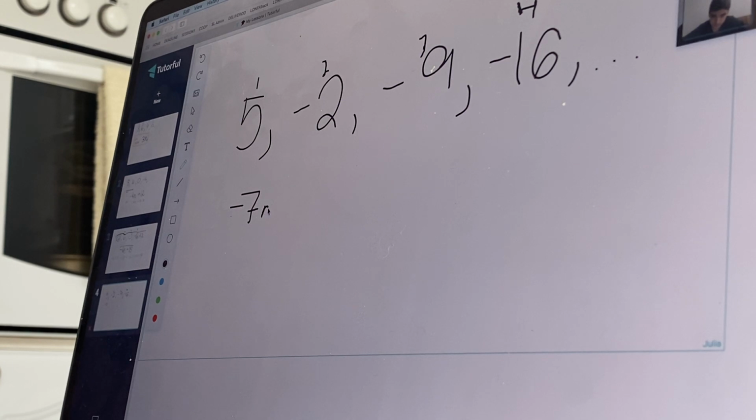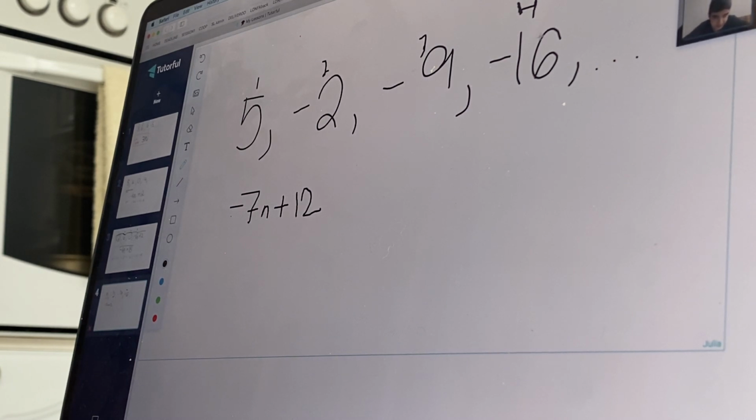And what do we put next? Yeah, perfect. We do minus 7n. Subtract, I mean. So it's always add, remember. Always add. Add 12. Add 12, yeah, perfect. So if we go back one step, we add 12.